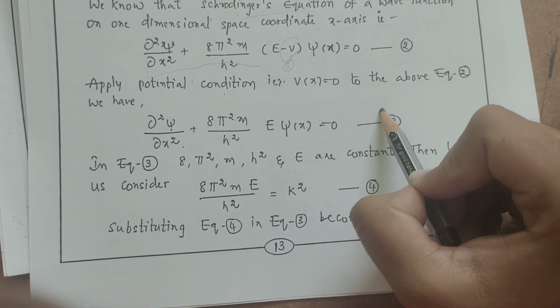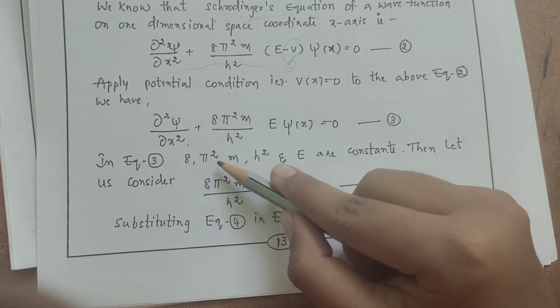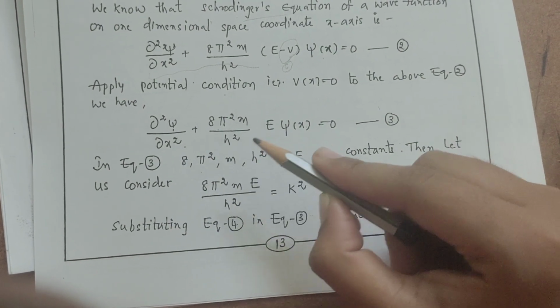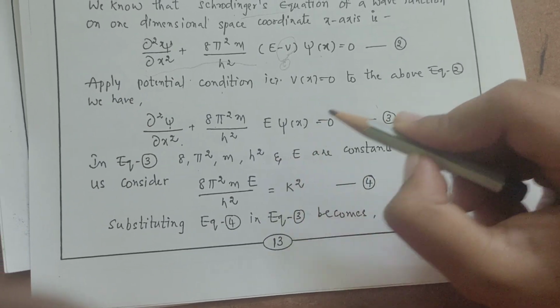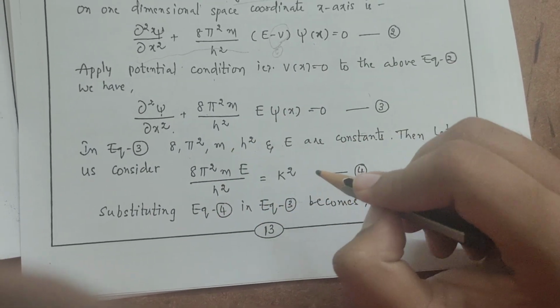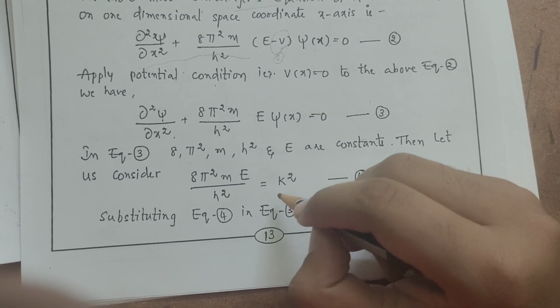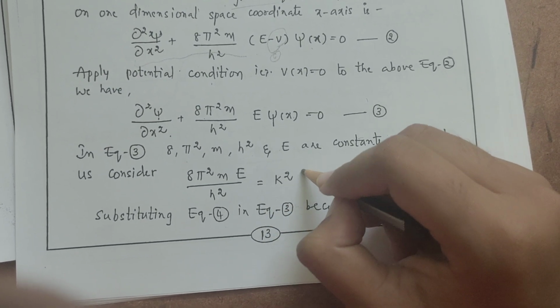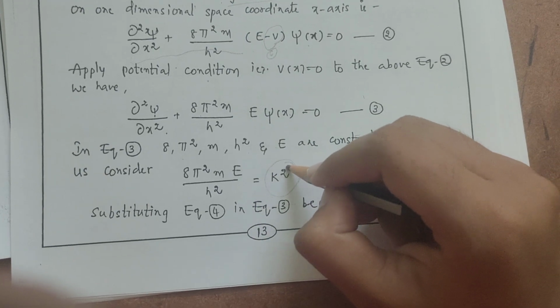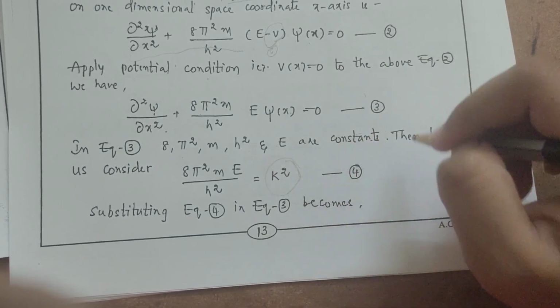This is written as equation number 3. From equation number 3, 8 pi square m, h square and E are constants. These constants we consider as k square. This we write as equation number 4.